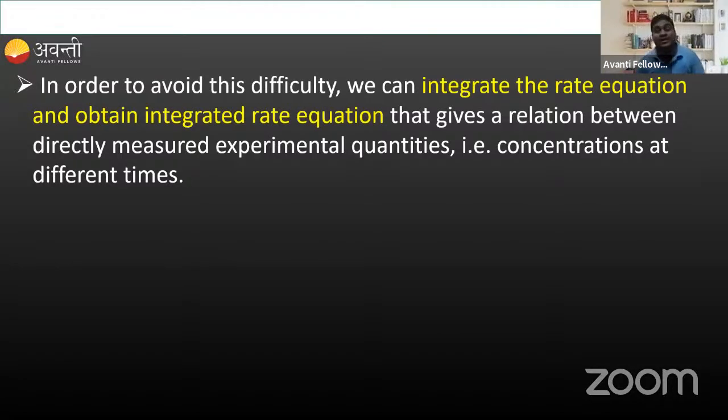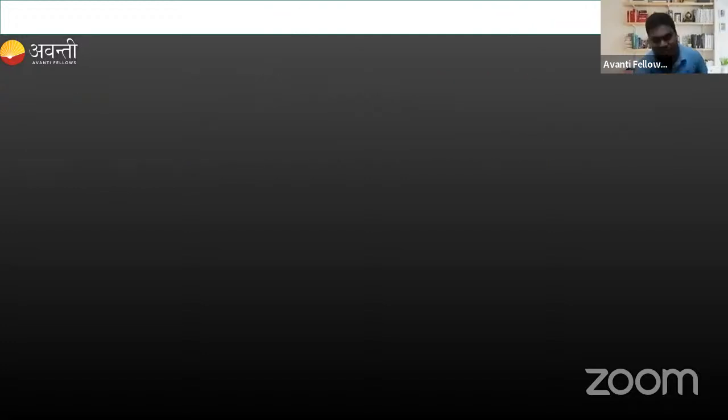In order to avoid this difficulty, we can integrate the rate equation and obtain the integrated rate equation, which gives a relation between directly measured experimental quantities, that is, the concentration at different times.